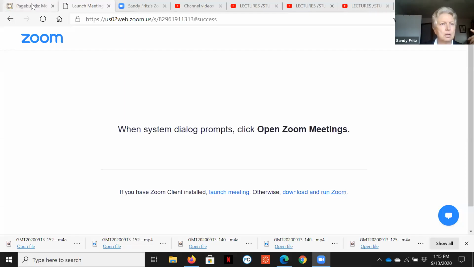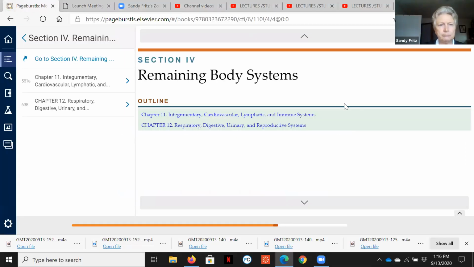So let's share the screen and get to the chapter. Chapter 11 has the integumentary, that's the skin, mucous membranes, cardiovascular, lymphatic, and immune systems.